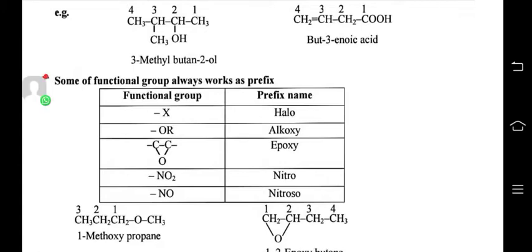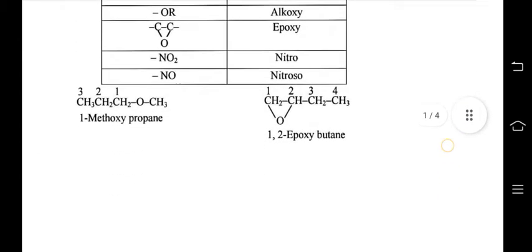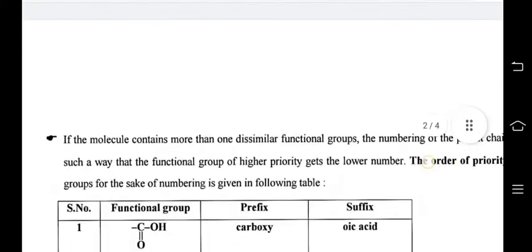The NO2 group is the nitro group, also given as a prefix. The NO group, nitroso group, is also there. So these are the important substituents, and they can be written as the prefix. So here are 1-methoxypropane and 1,2-epoxybutane. These substituents are given here.